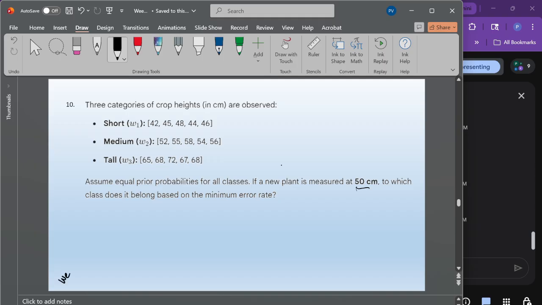So we need to calculate the likelihood for each category.